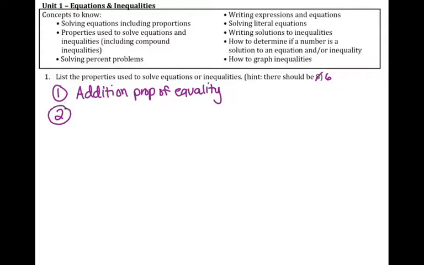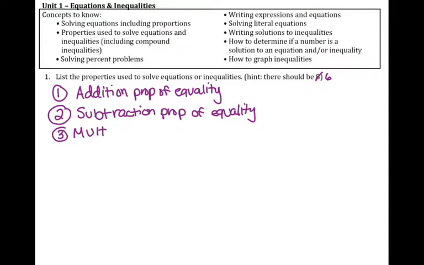Similarly, like I can add, I can also subtract. So I have the subtraction property of equality. I can also multiply the same number on both sides, so that is multiplication.